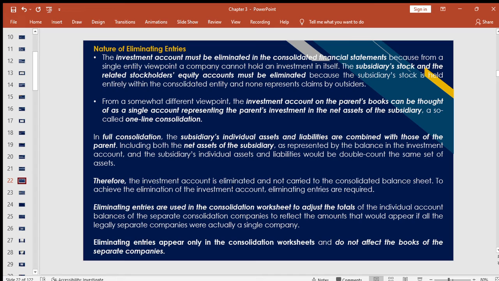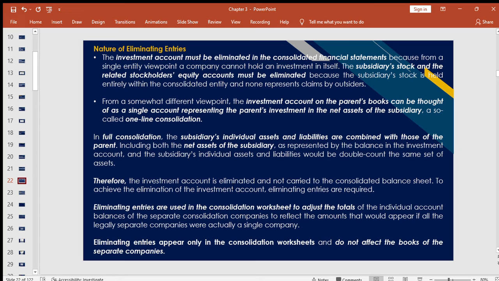In full consolidation, the subsidiary's individual assets and liabilities are combined with those of the parent. Including both the net assets represented by the investment account balance and the subsidiary's individual assets and liabilities would double count the same set of assets. Therefore, the investment account is eliminated and not carried to the consolidated balance sheet. To achieve this, eliminating entries are required.